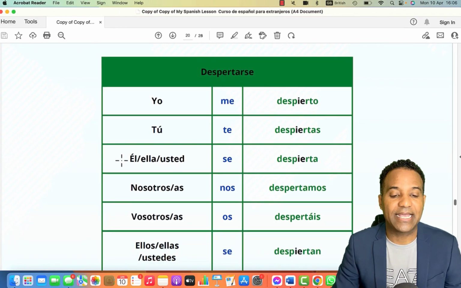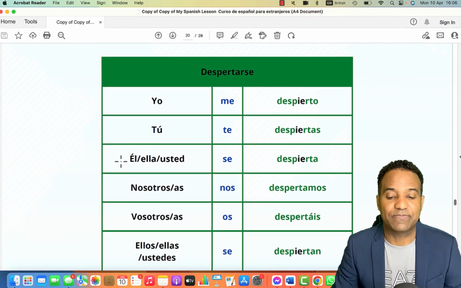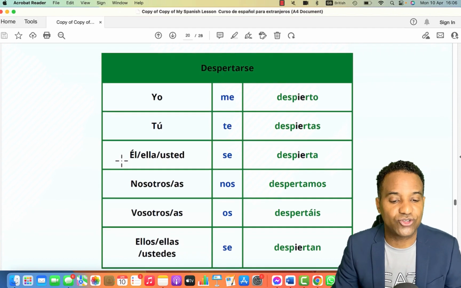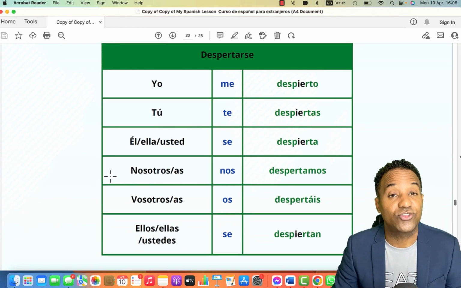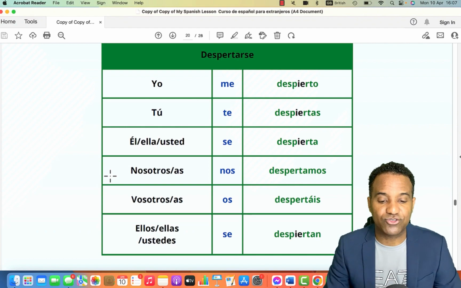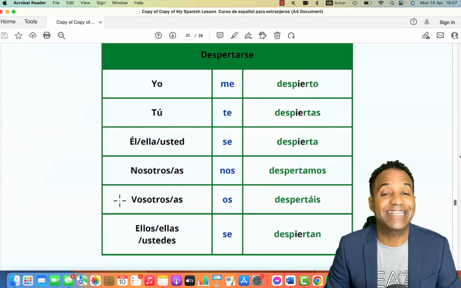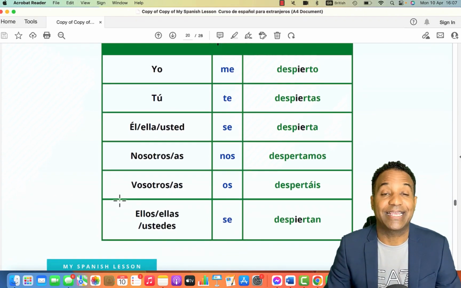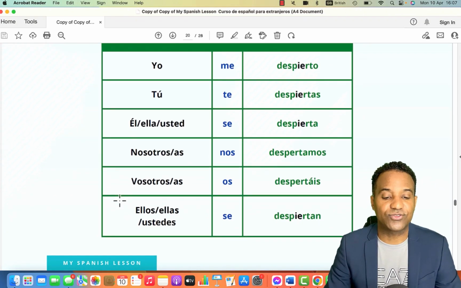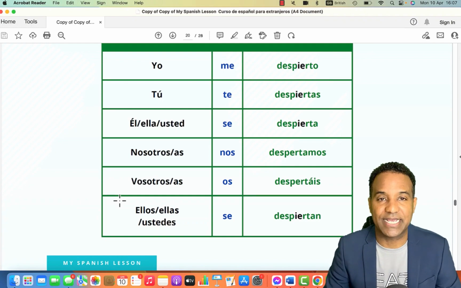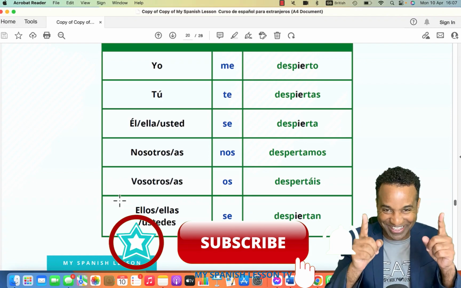Él, ella, usted se despierta. Nosotros, nosotras nos despertamos. Vosotros, vosotras os despertáis. Ellos, ellas, ustedes se despiertan. Perfecto, chicos. Muy bien. Buen trabajo.